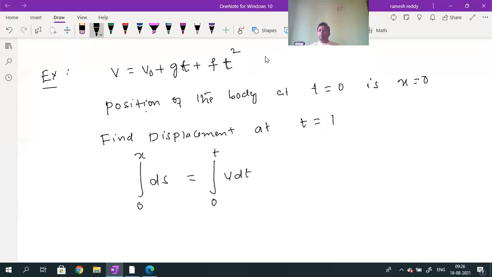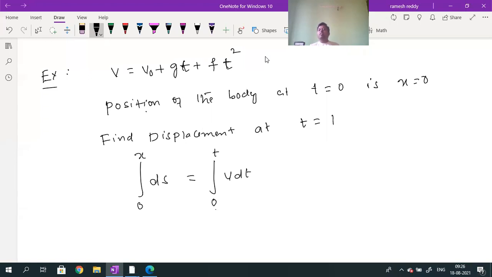They gave the position at t is equal to 0 as x is 0. The final position I can call either x or s. Velocity depends upon time; initial time is 0 and final time is t.